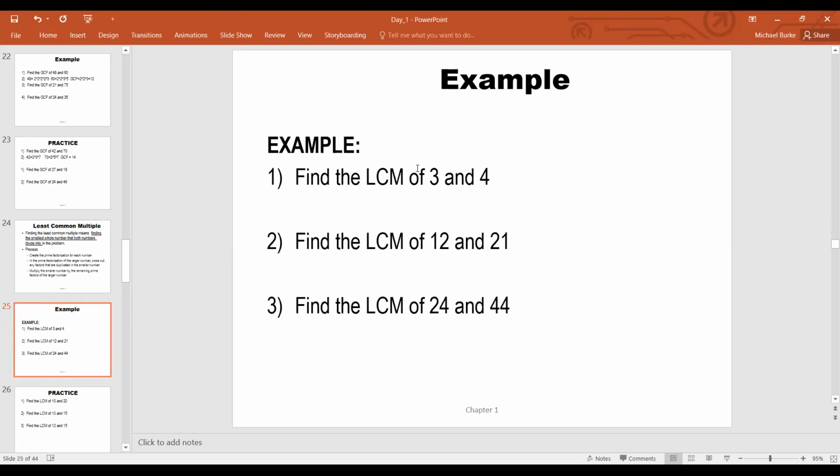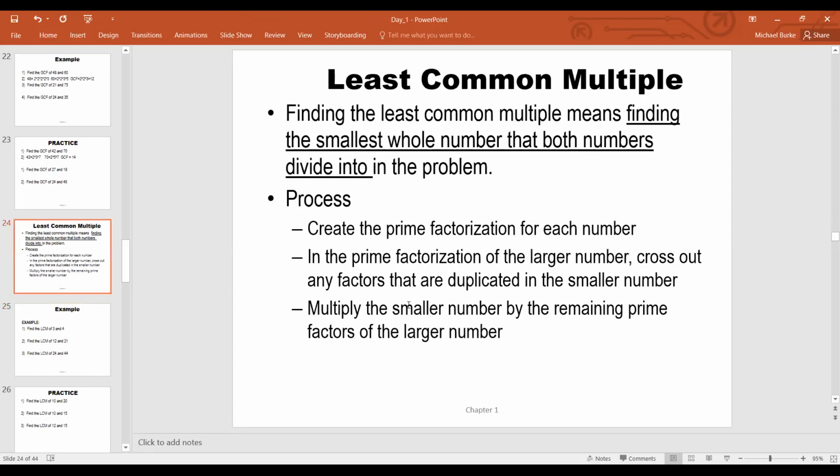The lowest common multiple of 3 and 4. The prime factorization of 3 is 3 and 1. The prime factorization of 4 is 2 and 2. So if we go back up here, multiply the smaller number, cross out all factors that are duplicated in the smaller number.